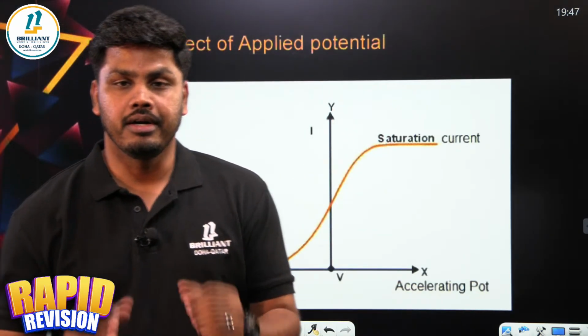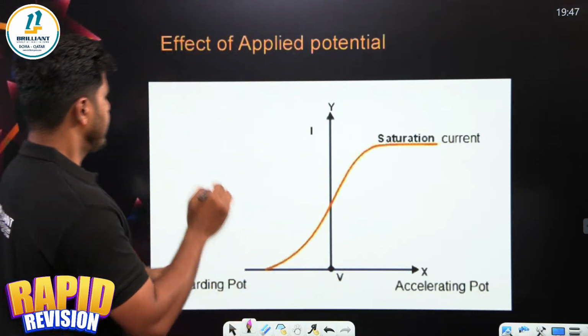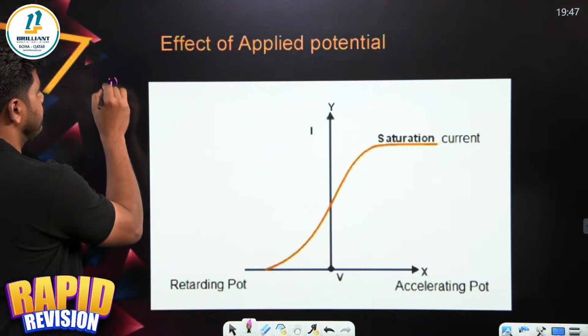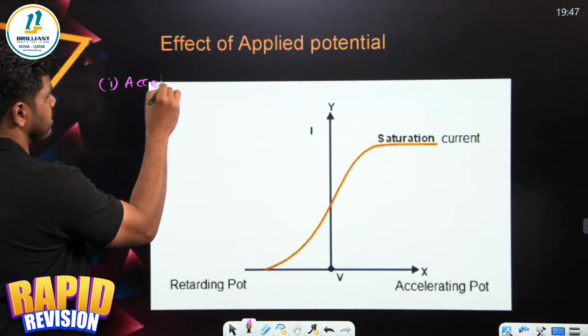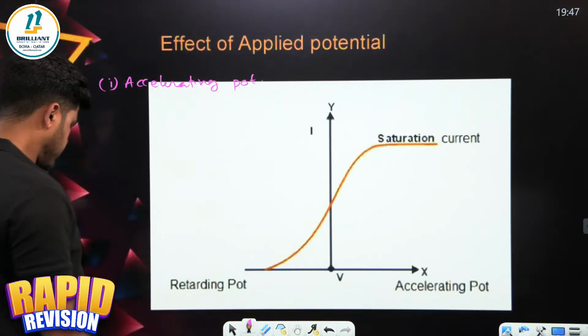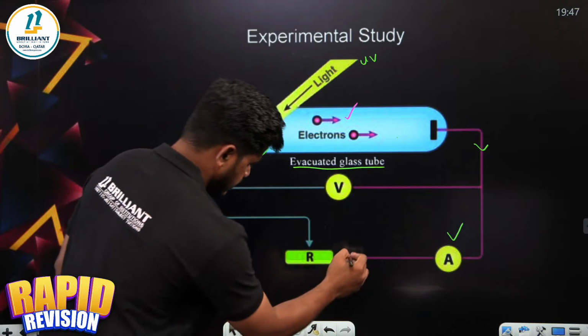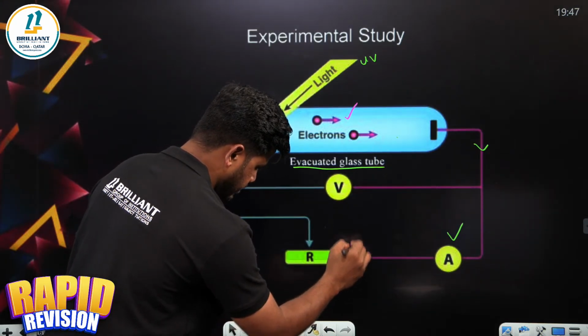We applied potential in two different ways. They are called accelerating potential and retarding potential. What was accelerating potential? When we connect the negative terminal of the cell, look at this, the terminals of the cell I will mark here.